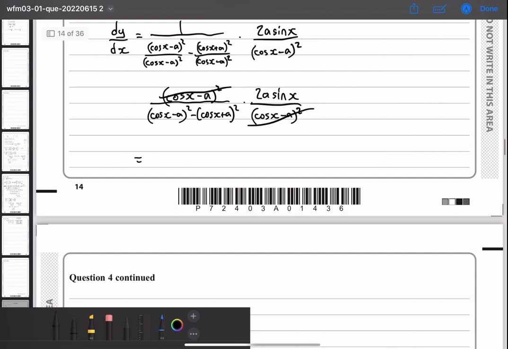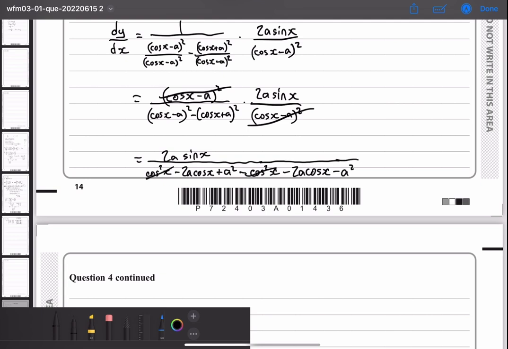So now we've got 2a sine x over, let me expand these, cos squared x minus 2a cos x plus a squared, and because of the similarities here and the negative in between, this is going to work out nicely. cos squared x again, plus 2a cos x from the squared, but because of the negative that becomes minus 2a cos x minus a squared.